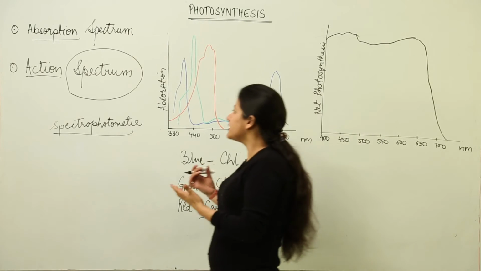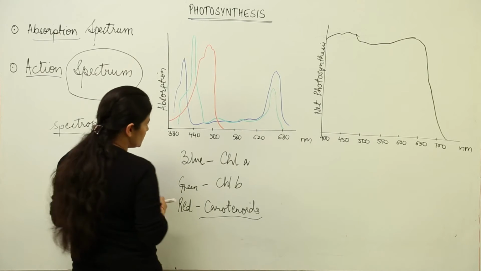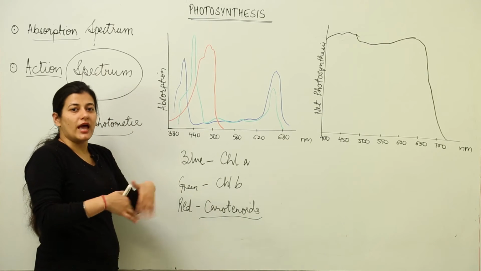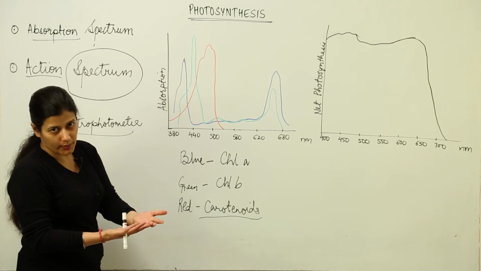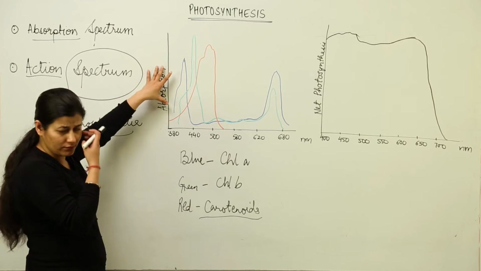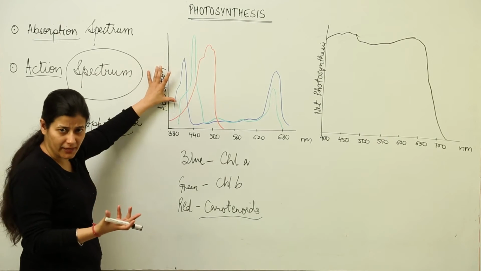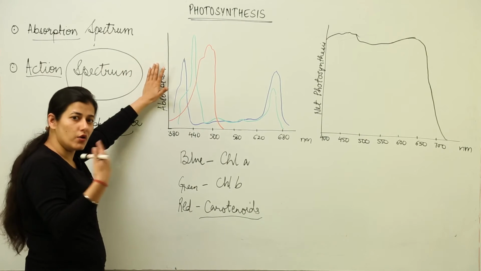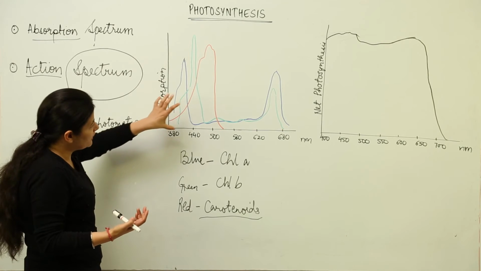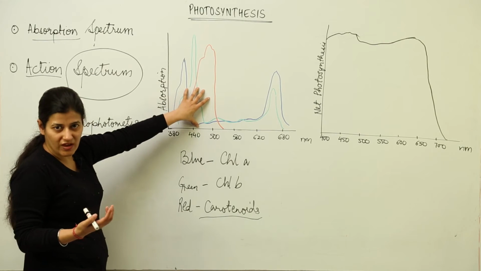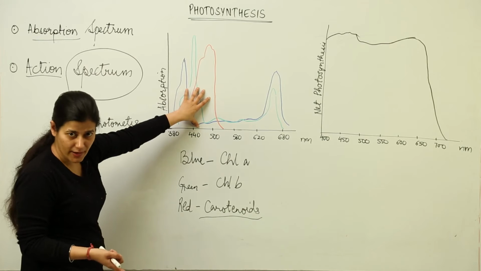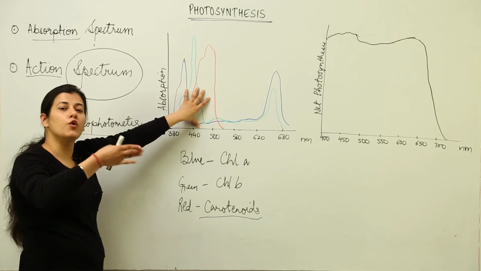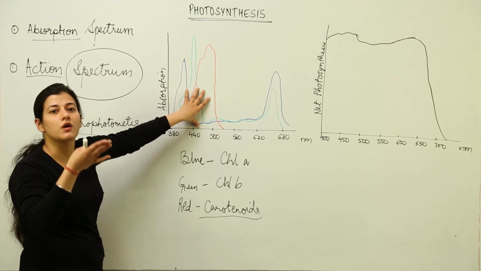Now, what is the relevance of this absorption spectrum that we get? We get an action spectrum as well. When we have a good absorption spectrum obtained by our experimental evidence, we observe that corresponding to these wavelengths where the absorption is maximum, the rate of photosynthesis is also high.